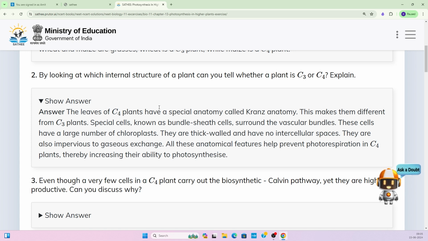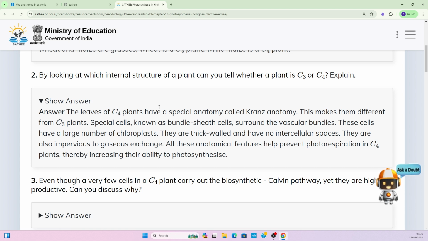So surrounding the vascular bundle, they have a sheath of cells, and they are thick walled and have no intercellular spaces. Very, very important point. No intercellular spaces are present between the sheath cells, and they are also very thick walled.